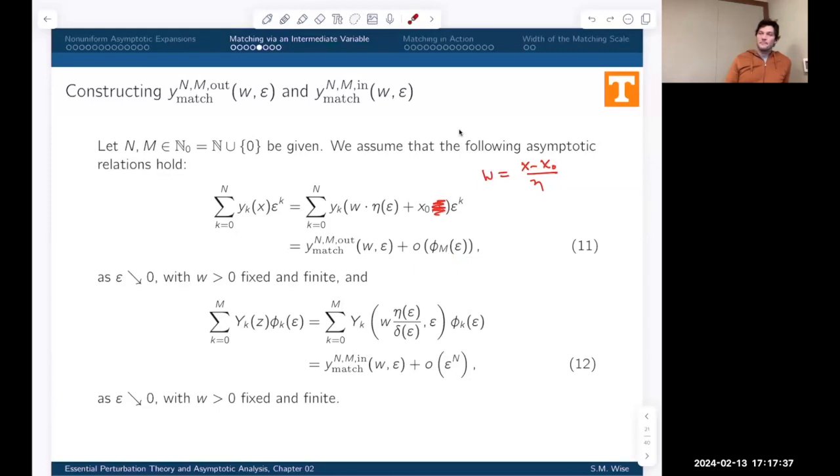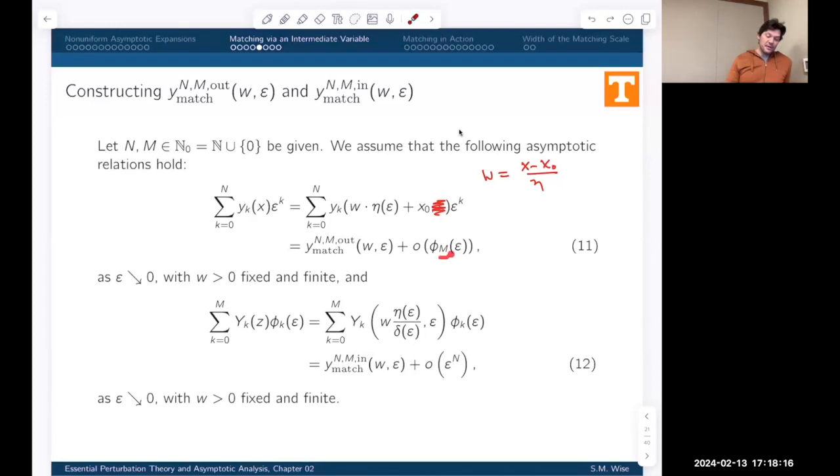So for example, if this is little o of epsilon squared, you keep all order 1, order epsilon, and order epsilon squared terms. And then the rest would be little o of epsilon squared. So you'll see how to do it. It's complicated on paper, but it's straightforward. So does n depend on m? n and m are somehow coupled to each other, but I can't tell you without some more theory how.